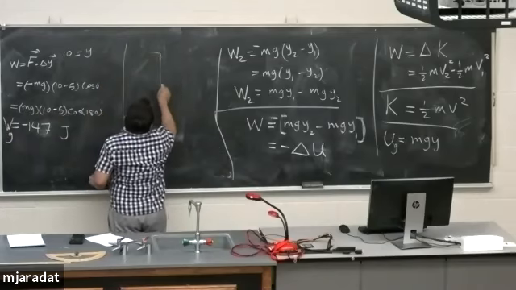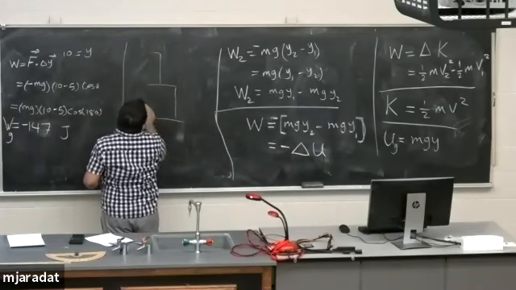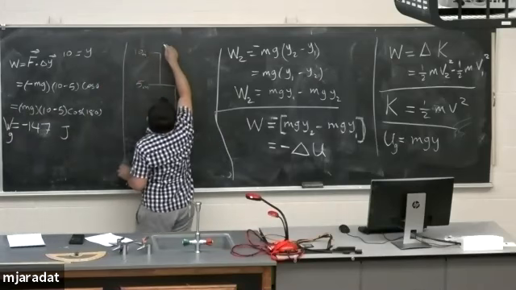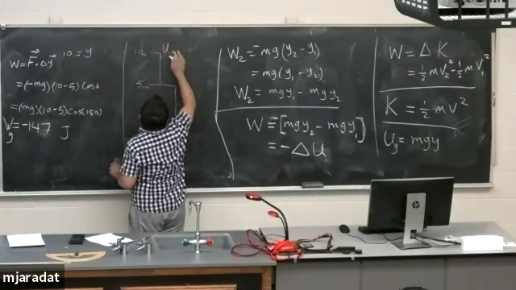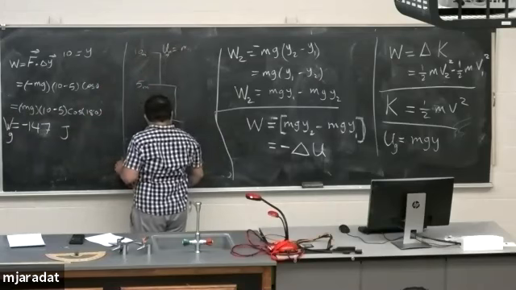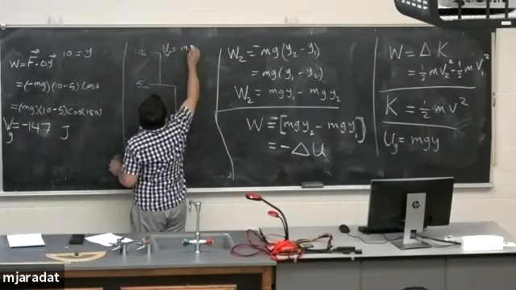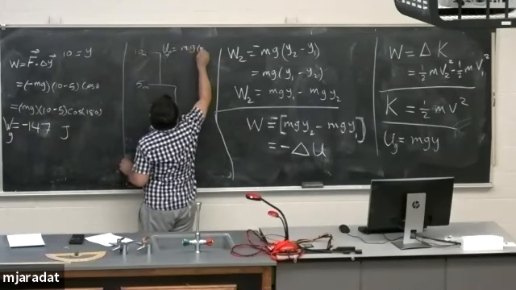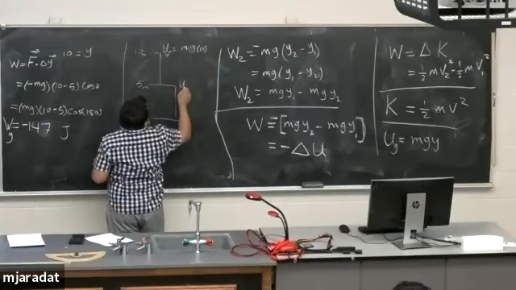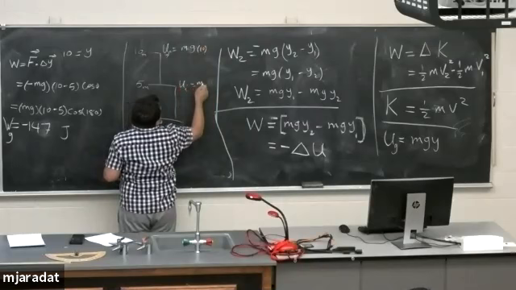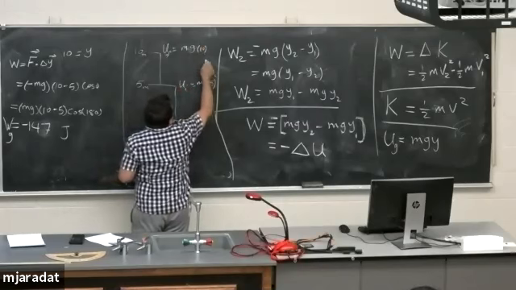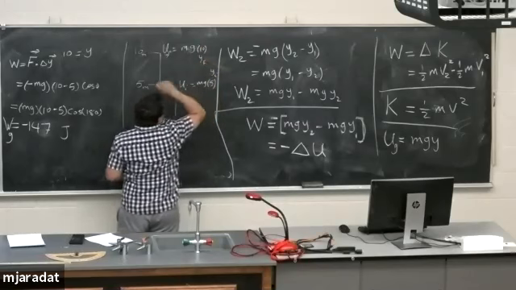I can take, this is 5 meters, this is 10 meters. The potential energy U final is equal to mg multiplied by y, which is 10. And U initial is equal to mg multiplied by 5, which is y initial. And this is y final.